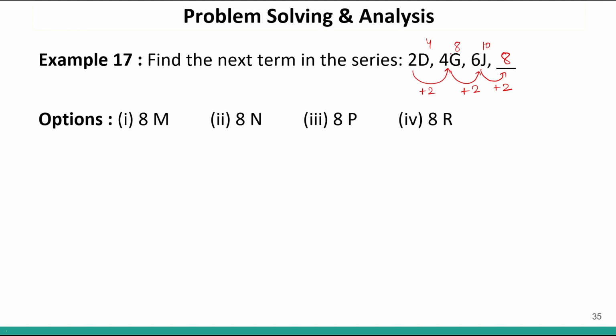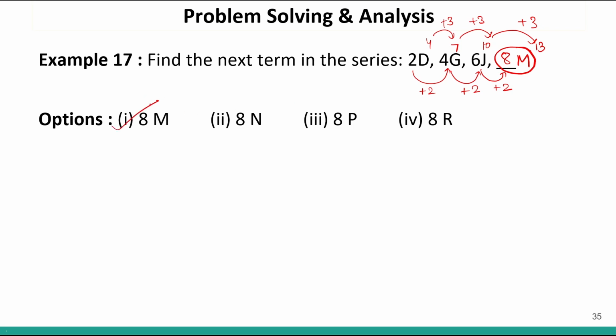G is 7, forward ranks. So D to G is plus 3. Similarly, G to J is plus 3. So we'll move 3 forward ranks, which will give me 13th. And at 13th, we have M. So the correct answer will be 8M, which is option number 1.